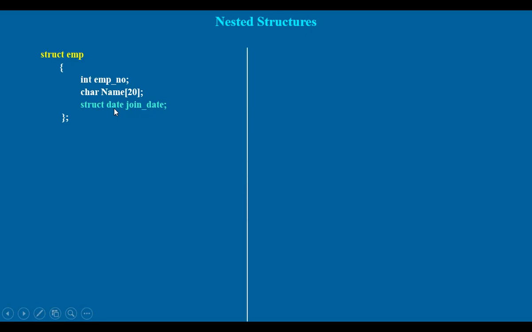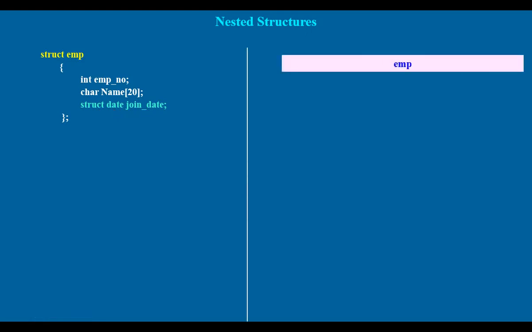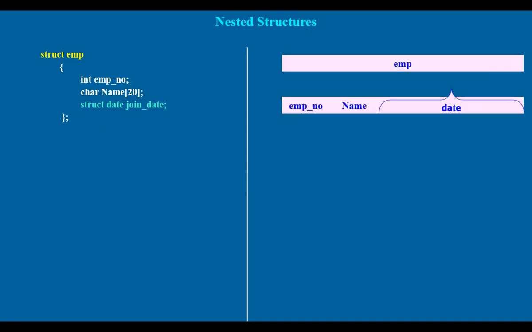Now let us see, coming to this particular EMP structure, it has employee number and name, both fields, and this date is another structure defined here inside this structure. And coming to this particular date, the structure named date is defined separately.